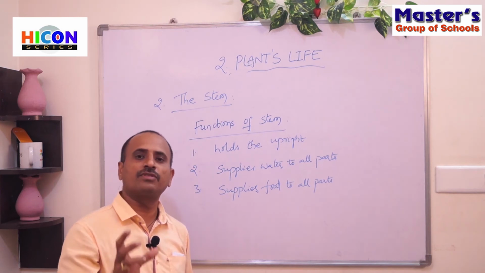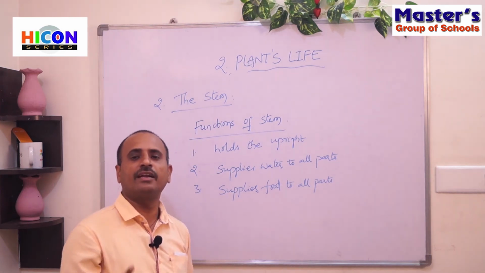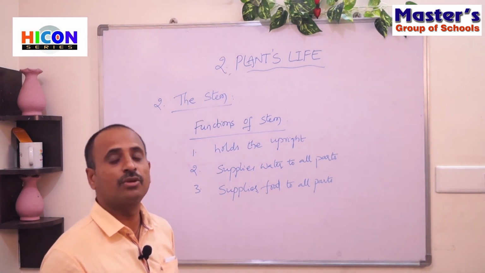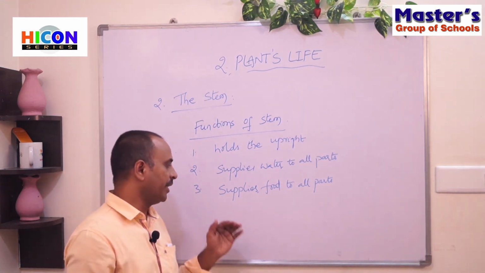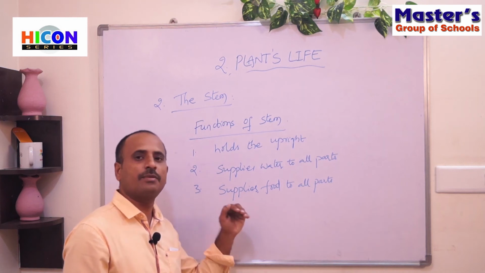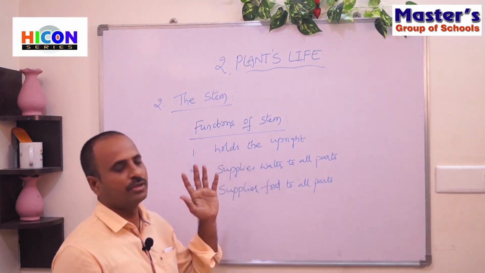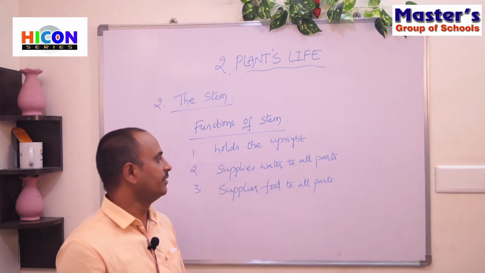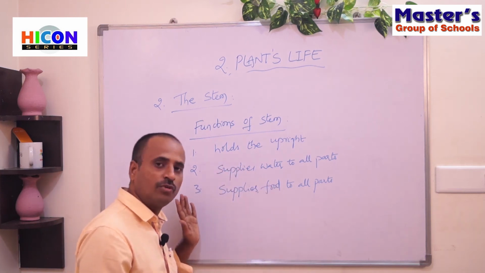With the help of sunlight, water and carbon dioxide present in the atmosphere, leaves prepare food using chlorophyll, and the process is called photosynthesis. The food prepared by the leaves is supplied to all parts of the plant with the help of the stem. Here the stem acts as a carrier. It carries the water and the food to all parts of the plant.